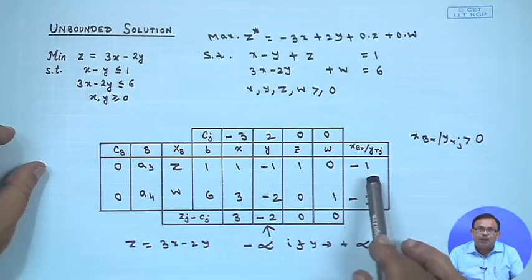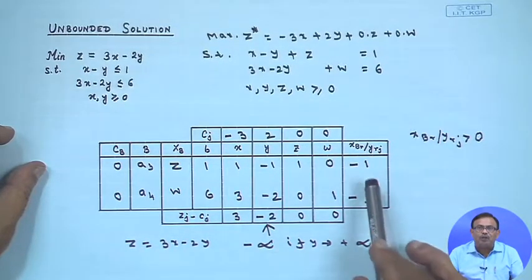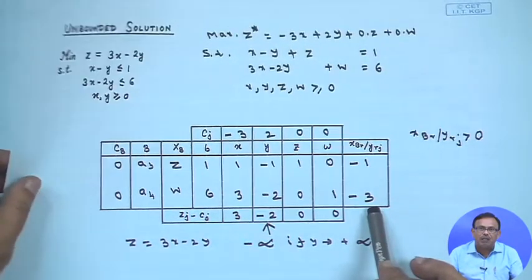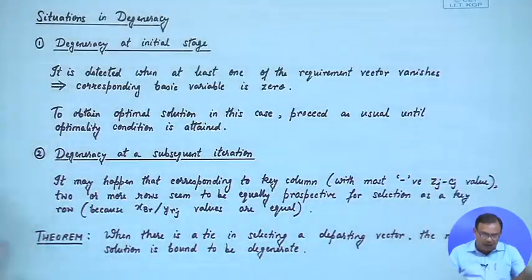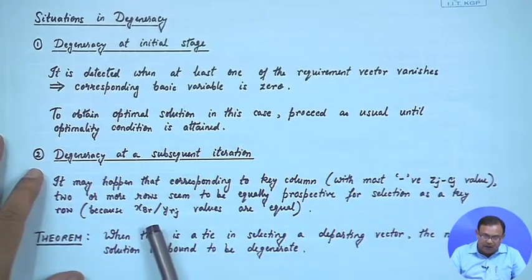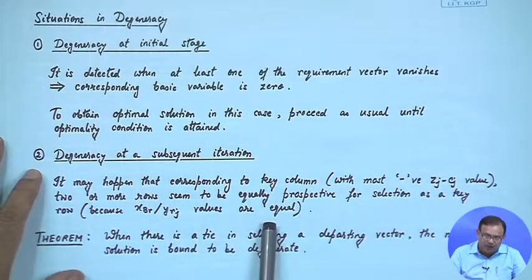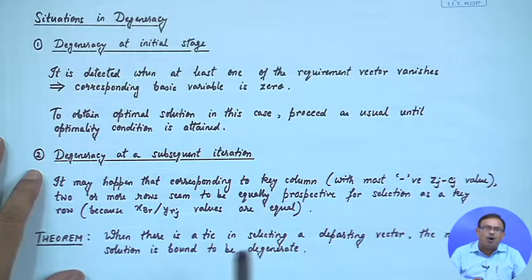Now, it may happen that the values of these ratios are the same in more than one entry, because the xBr by yrj values are equal. So, degeneracy occurs, number 1, if you find initially that the value of a basic variable is 0. Another comes whenever you are calculating the xBr by yrj ratio and that value is the same in more than one element of the ratio column, then also degeneracy occurs.